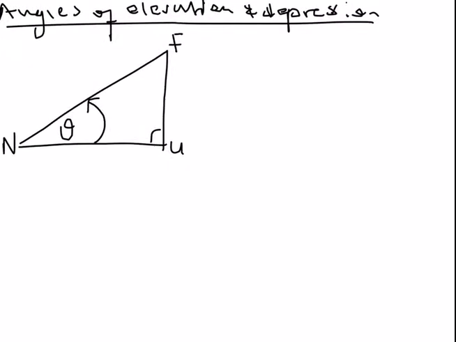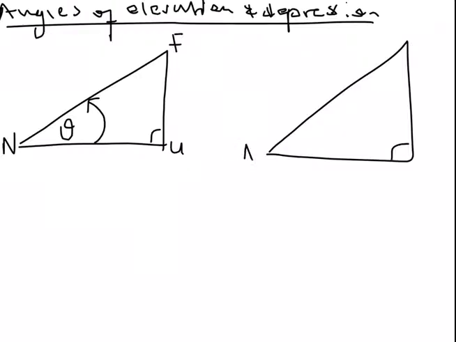Maybe let's just add another right-angled triangle that we will compare with. We'll do that. Then we will say N, then U, then F. You see this that I am doing, we'll refer to this as beta.